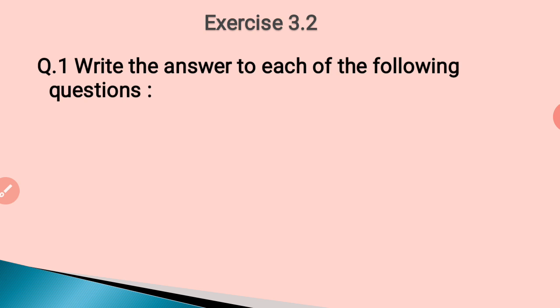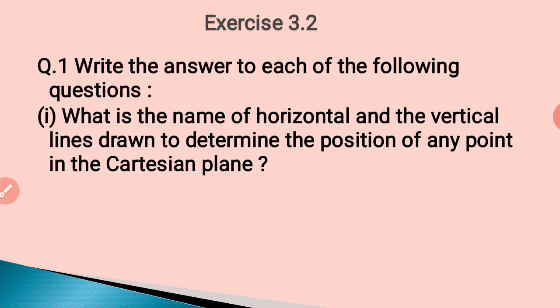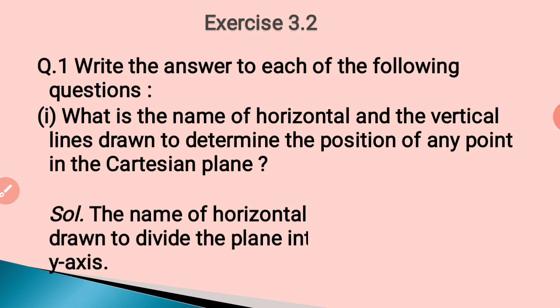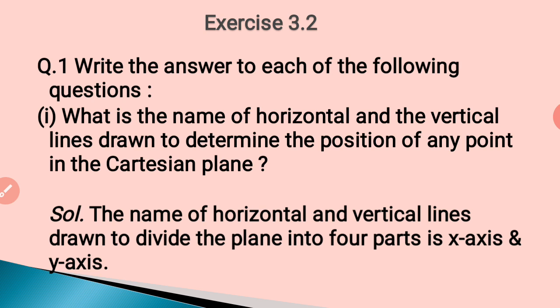Question number 1. Write the answer to each of the following questions. The first sub-question is, what is the name of horizontal and the vertical lines drawn to determine the position of any point in the Cartesian plane? Now the horizontal and the vertical lines have specific names.